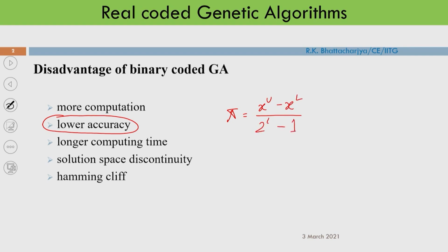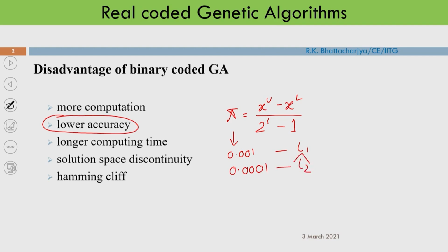You have to define this precision already, it is a predefined precision, and based on that the string length will also depend. If I use a Δx value of 0.1, then I will get a string length, suppose L1. And if I use 0.001, and this is suppose L2, then certainly L2 is greater than L1.